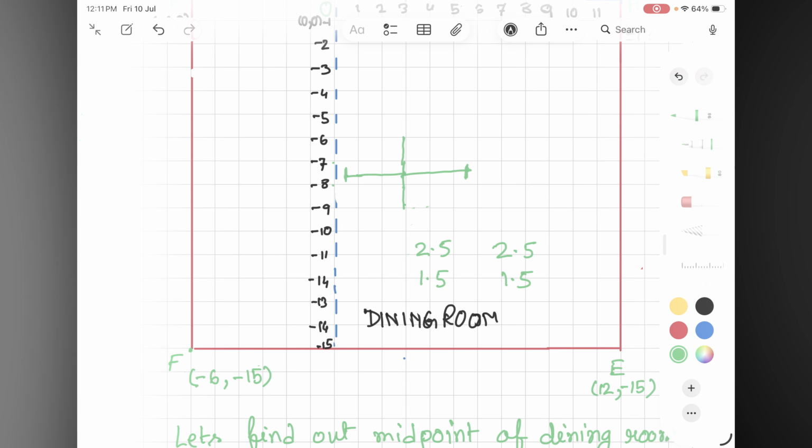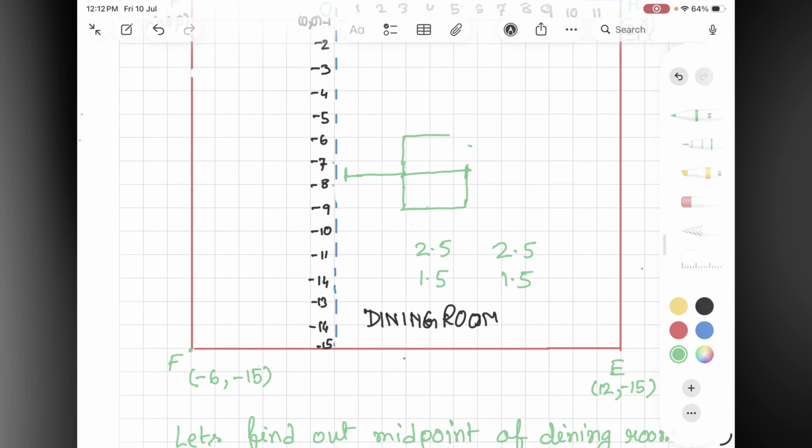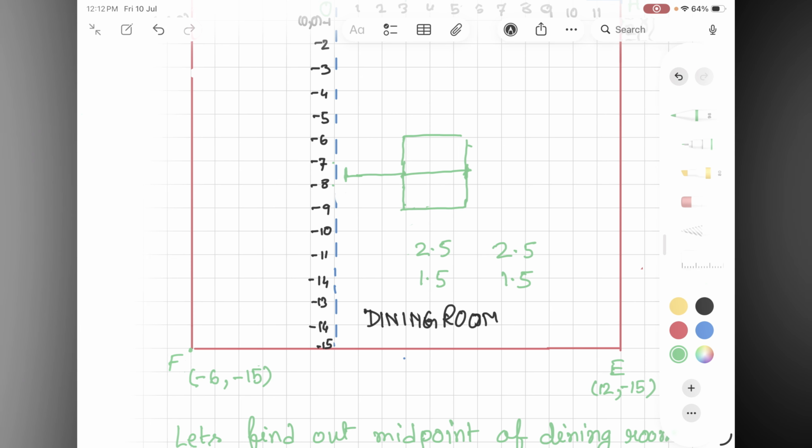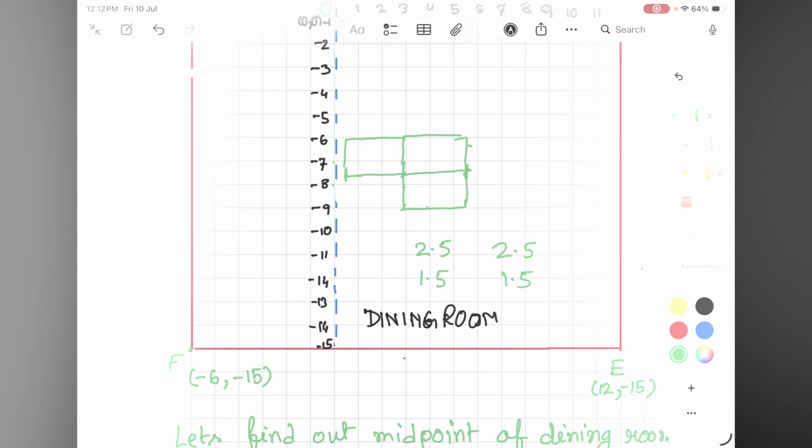Now you extend this line till that line. And similarly here also extend the line this way, and down, and then right. Then you get the exact dining table.